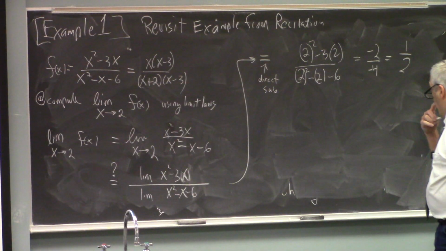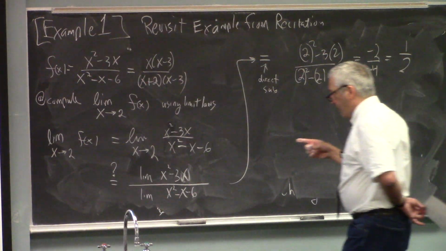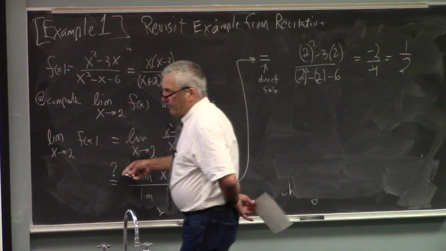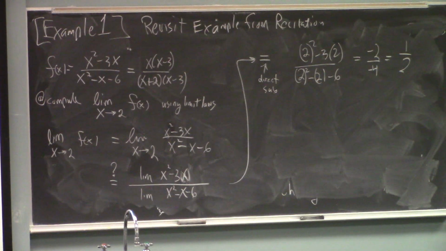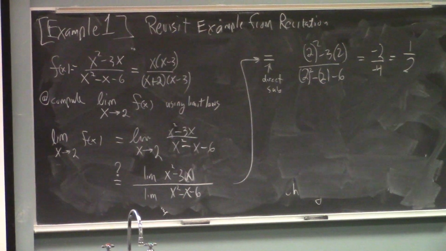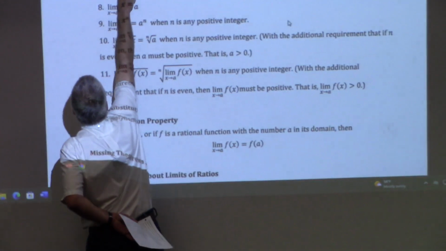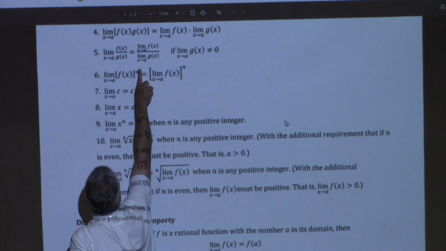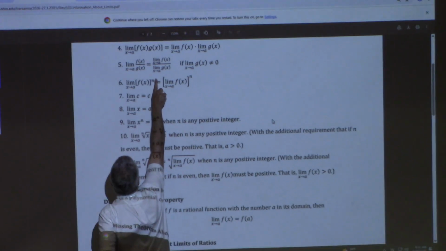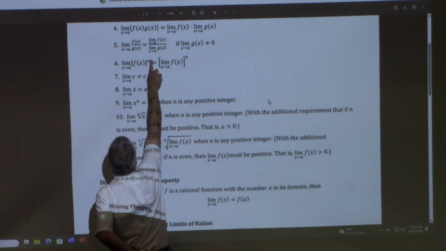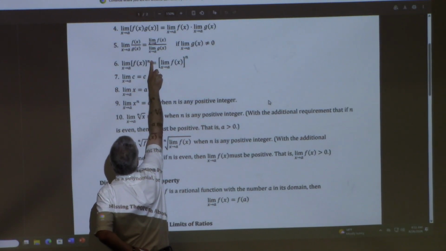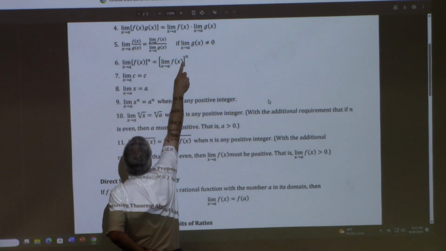Now, what about this question mark though? Well, the thing is, we wanted to use this rule that says the limit of a quotient is the same as the quotient of the limits. Well, that rule is great. You can just take the limit of the numerator and the limit of the denominator, but that only is allowed if the limit of the denominator is not 0.